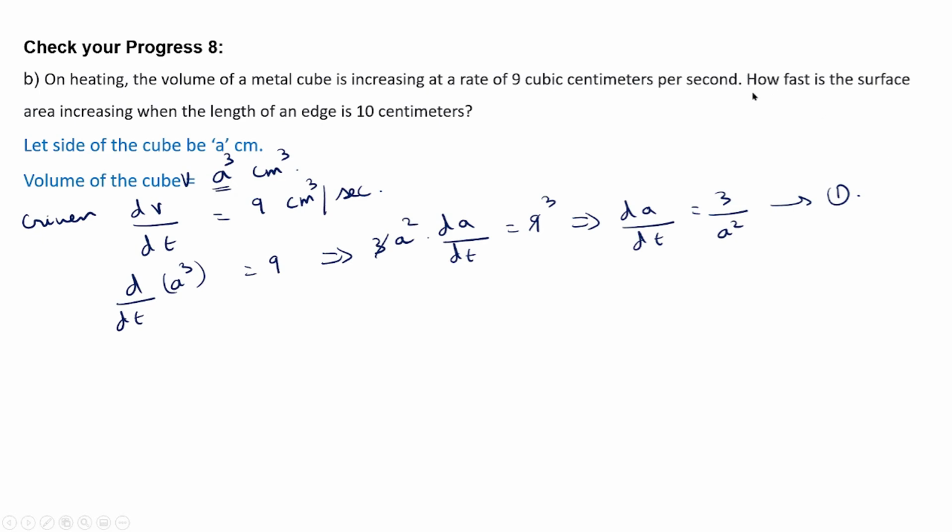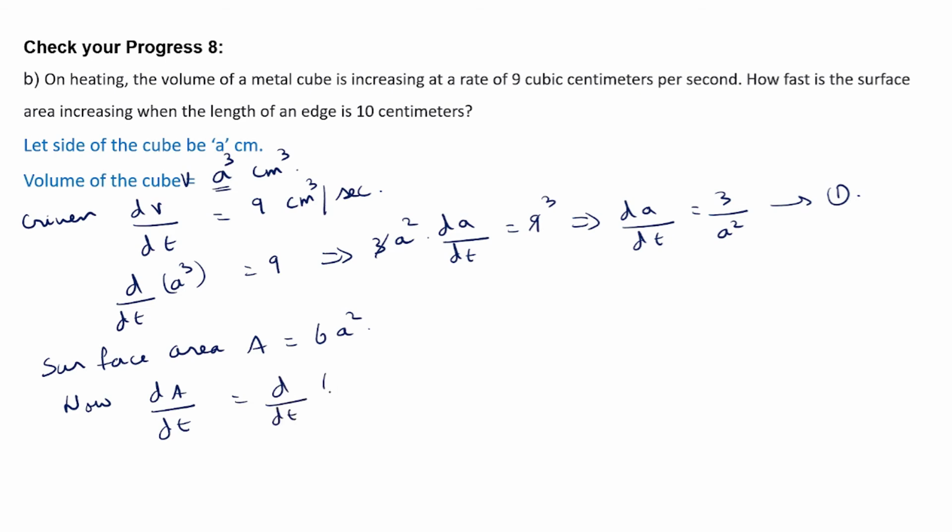Now we need to find how fast is the surface area increasing when the length of the edge is 10 centimeter. So surface area, let us take it as A, is equal to 6a square. Now dA by dt is equal to d by dt of 6a square.